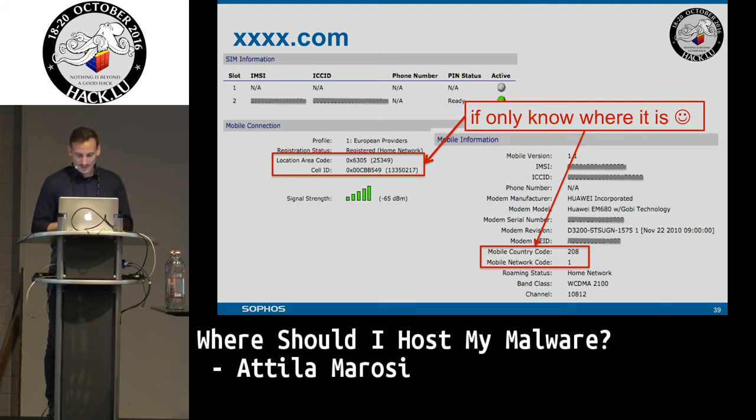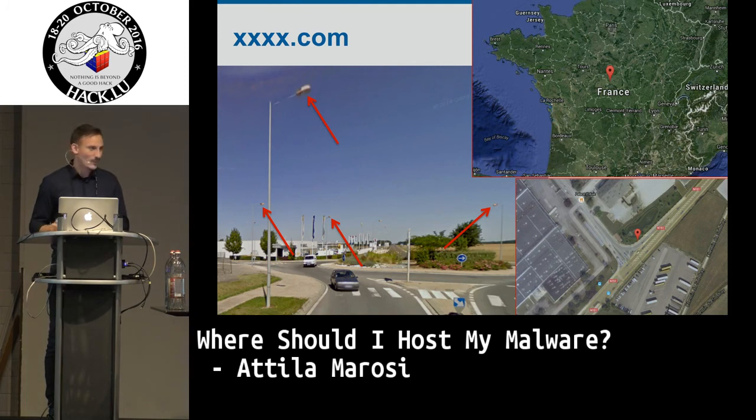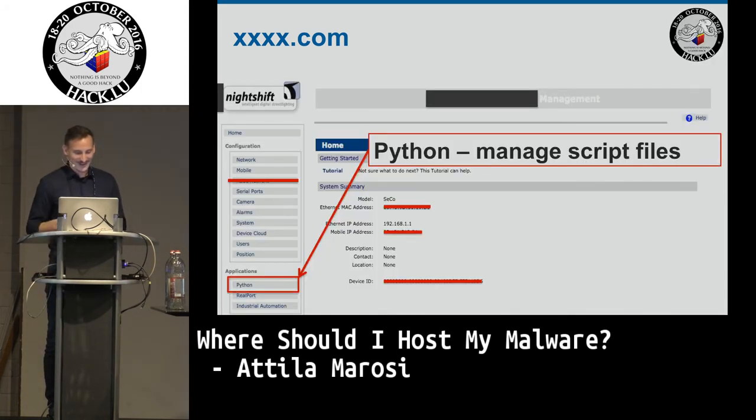So the GSM stuff. If we use the codes, we can easily find the device on a map, which is quite scary. And if you don't like the lighting stuff or something, you can check the Python part and manage the script.